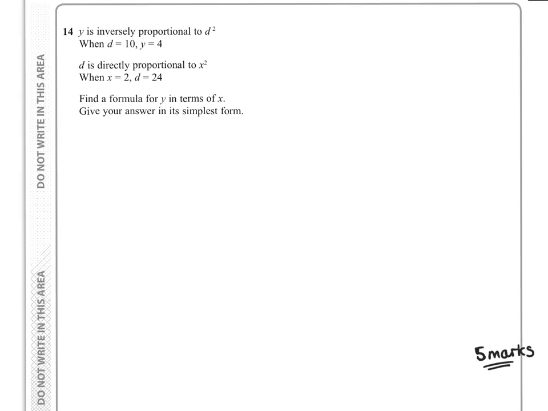Question 14. It says that y is inversely proportional to d squared, and it gives us some information after that, but the interesting thing to say first is that that means that y is equal to k over d squared for some k, and we're given this information here to find the value of k.